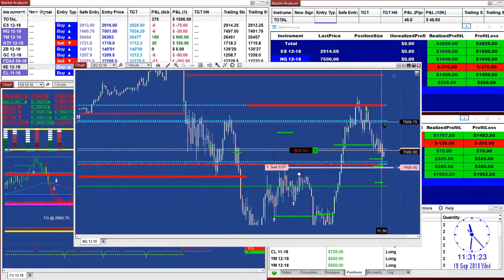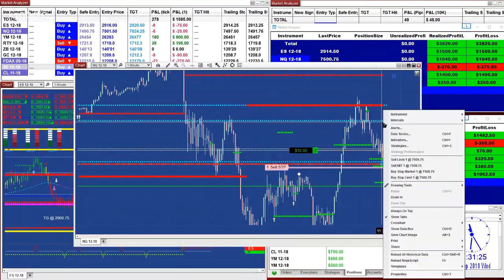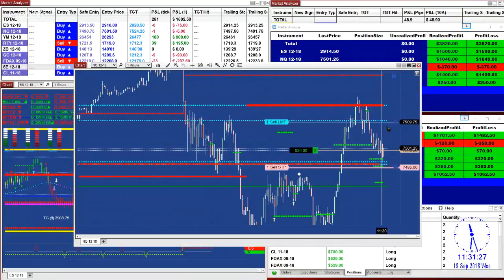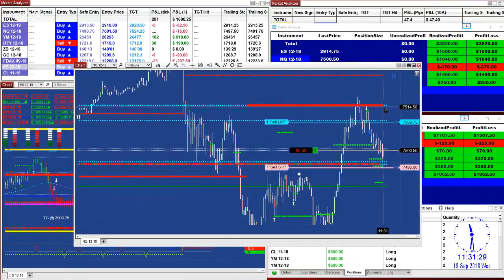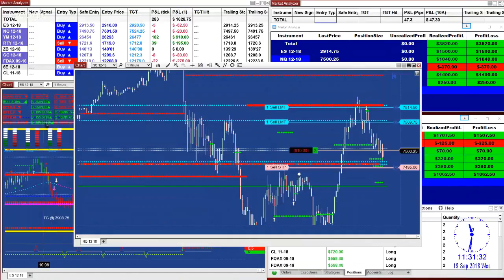So the first trade, this is how you need to do it, and then the second one right there. This is a very, very nice trade. Instead of going two contracts at the same time, we can spread them out. There we go.